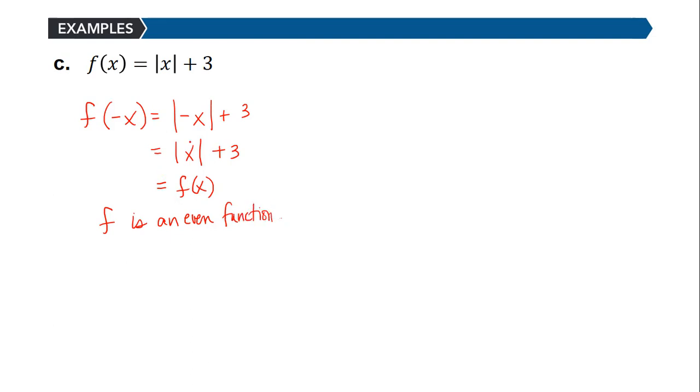And note that I know that the absolute value of a number and its opposite is the same thing, which is why I can conclude that the absolute value of negative x is the absolute value of x. Also remember that this is one of the transformations of our basic function, so if I wanted to graph this, remember the absolute value of x is just that basic V-shaped graph.